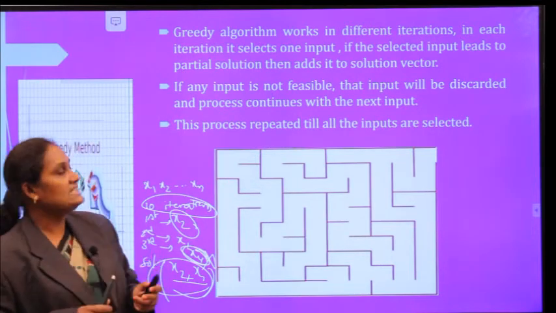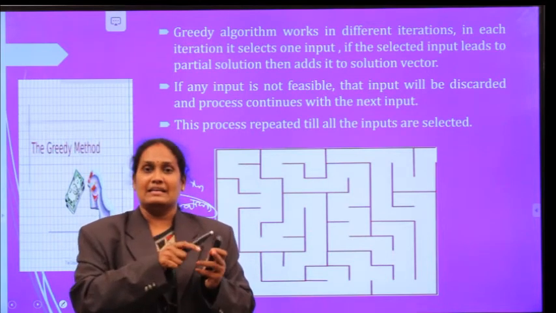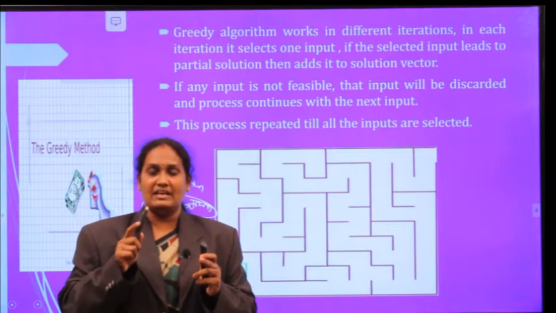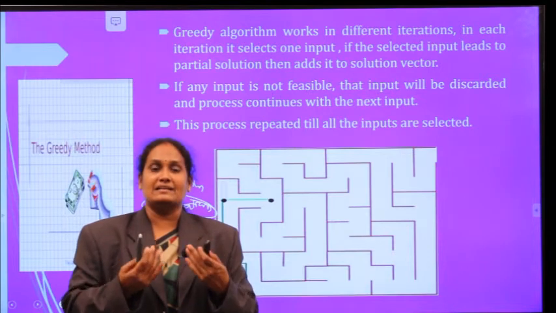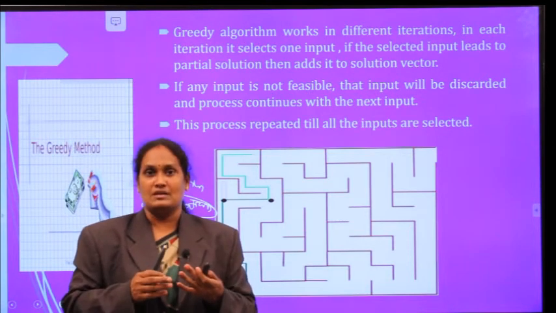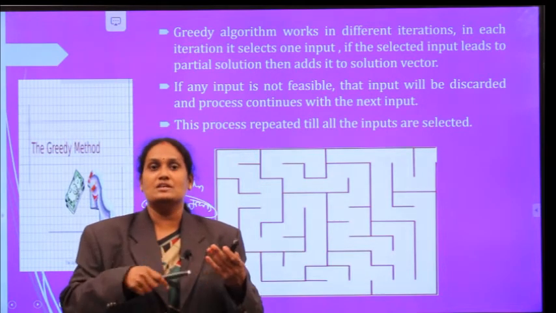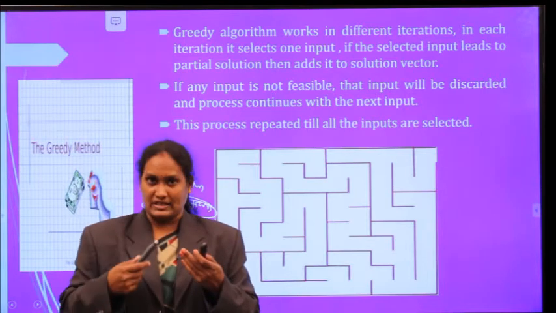So how does the greedy general method, or greedy algorithm, work? The given application consists of n inputs. Here we are going to select a subset of those inputs. The greedy algorithm works in different iterations. In each iteration we select one input.